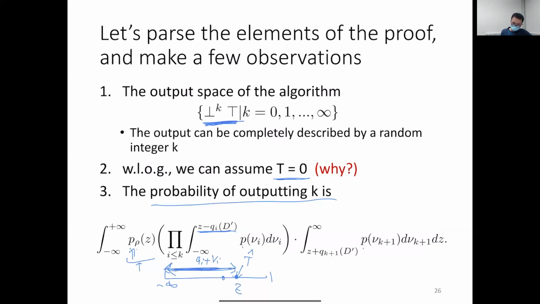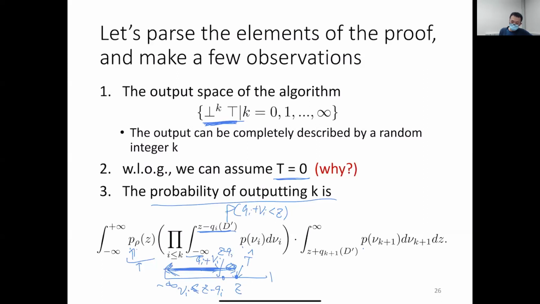Therefore nu_i needs to be smaller than z minus q_i. That's why we're just calculating the probability of q_i plus nu_i being smaller than z.